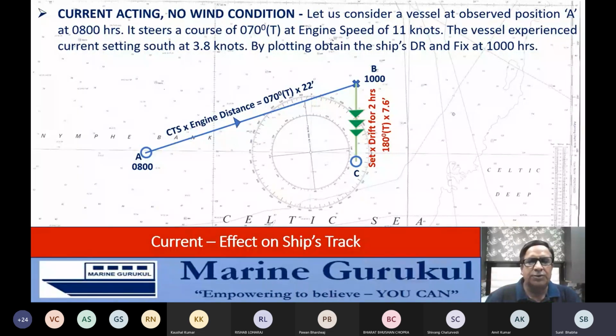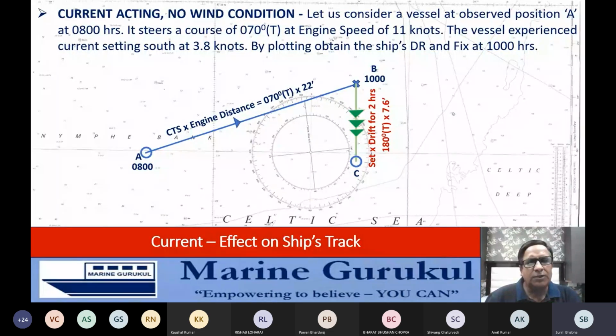So C would be the position of the ship at the end of 4 hours in which both vectors have acted one by one. In our case, both these vectors are acting simultaneously. So both are acting for 2 hours each, but not one at a time, but simultaneously. So the effect would still be the same.